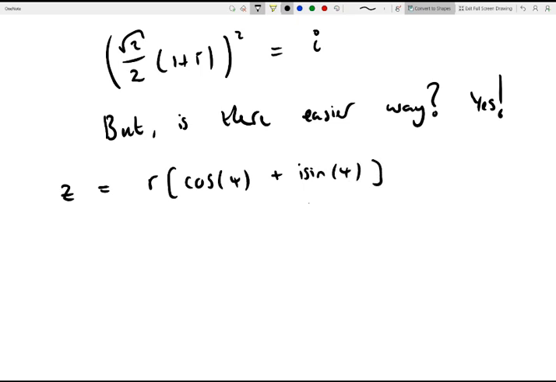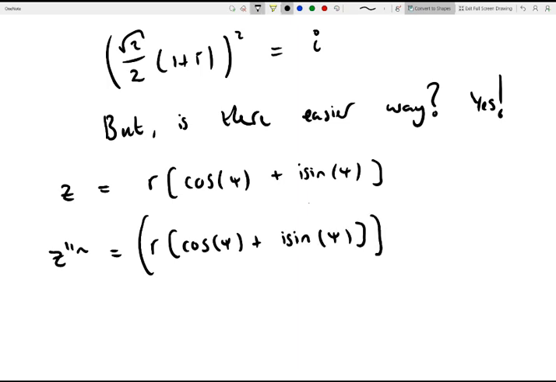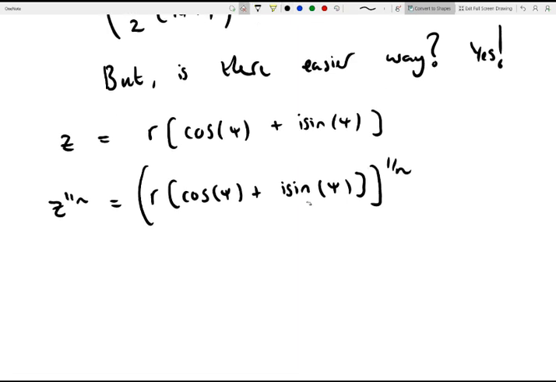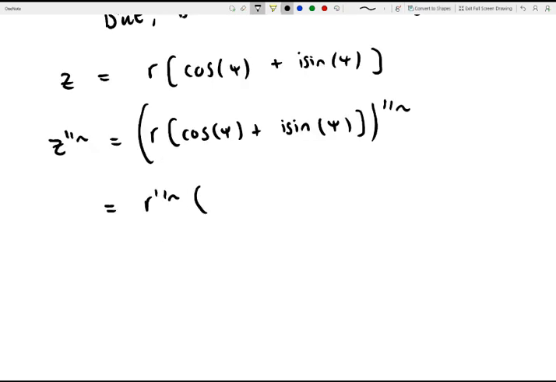But then actually we want the nth root of this. So we take the nth root of this whole thing. And then we can separate these powers out. So we have r to the 1 over n times cos of phi plus i sine of phi, to the power of 1 over n as well.